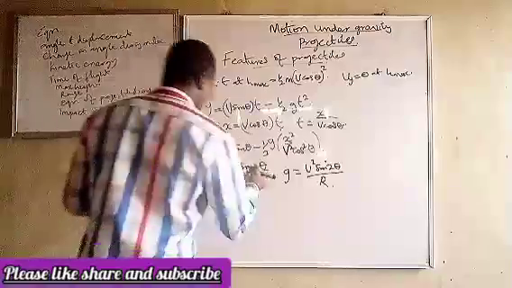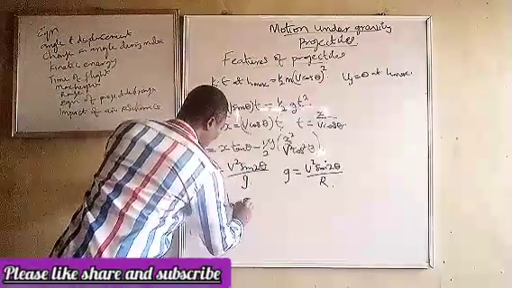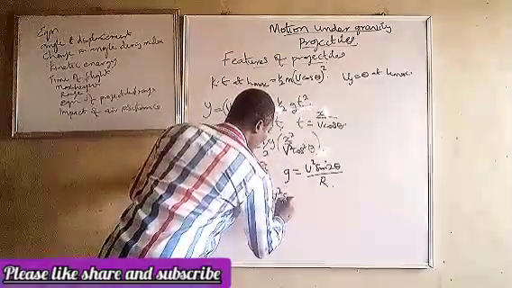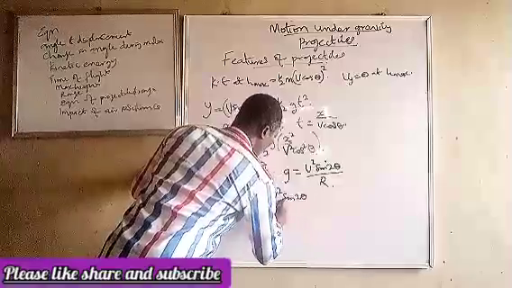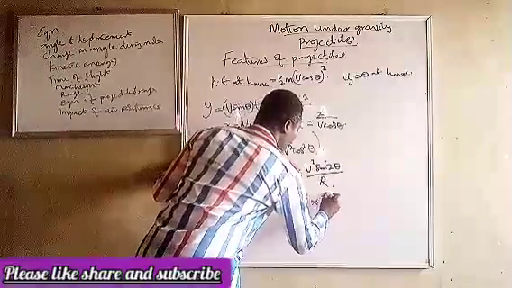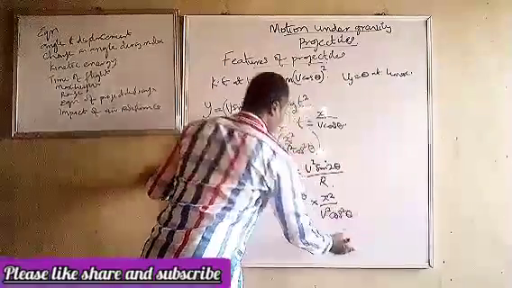Then I can say y is equal to x tan theta minus v squared sine 2 theta over 2r times x squared over v squared cos squared theta.